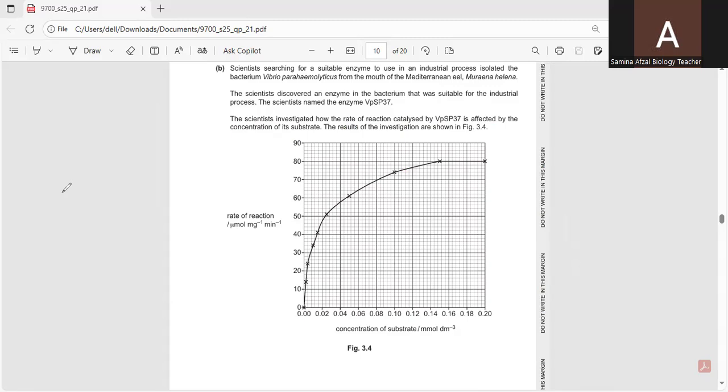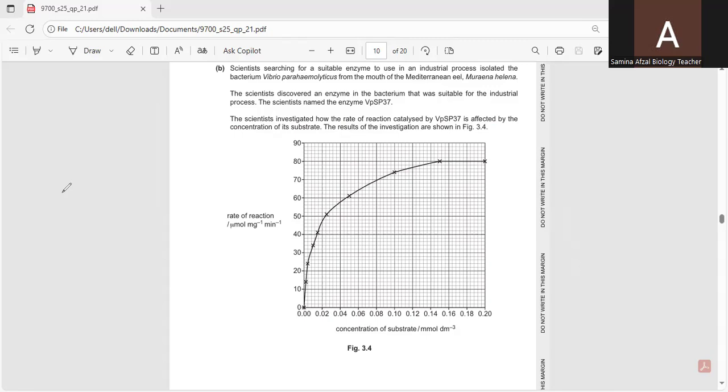The scientists named the enzyme VPSP37. The scientists investigated how the rate of reaction catalyzed by VPSP37 is affected by the concentration of substrate. The results of the investigation are shown in figure 3.4.